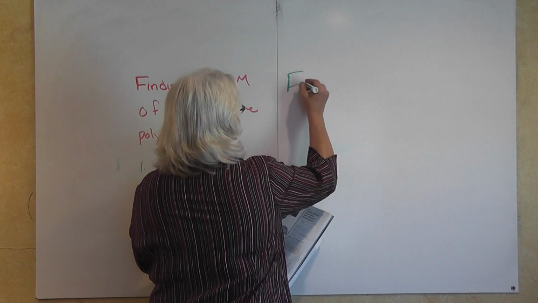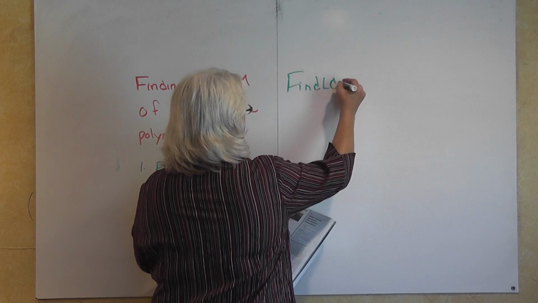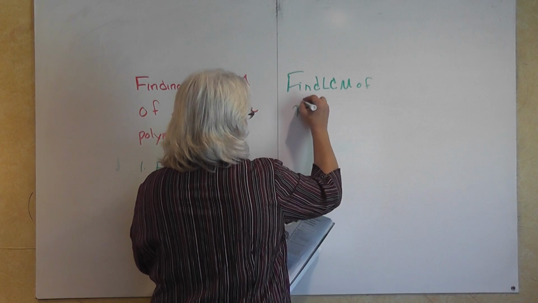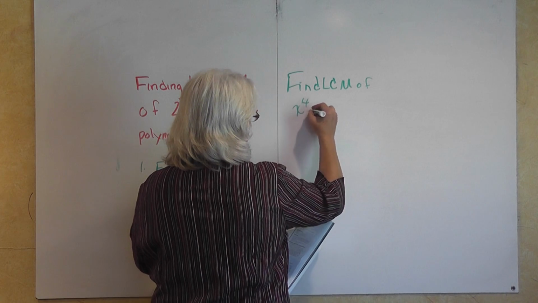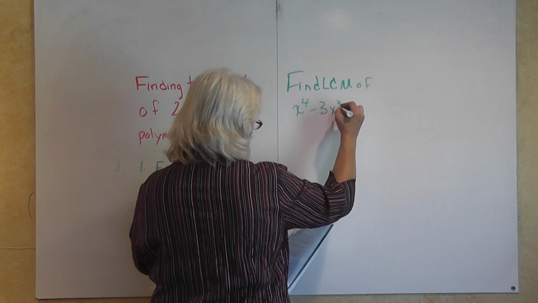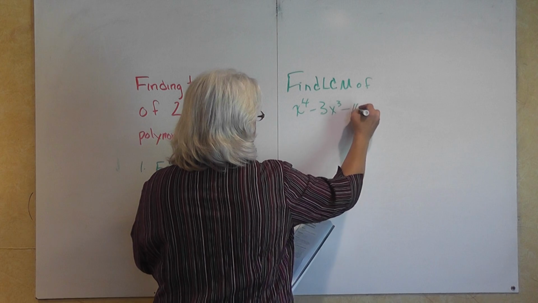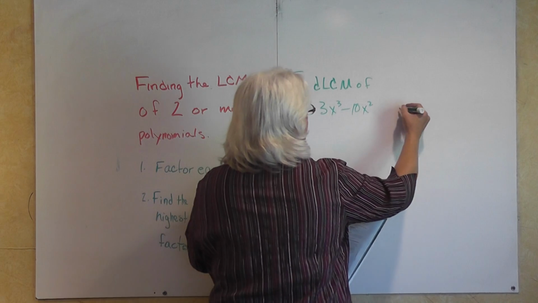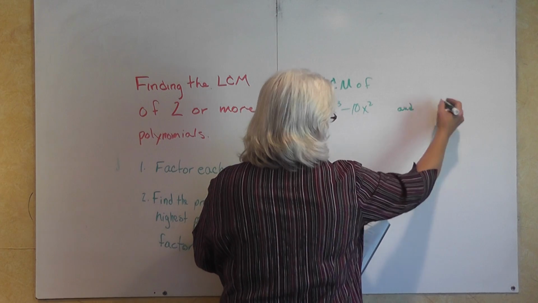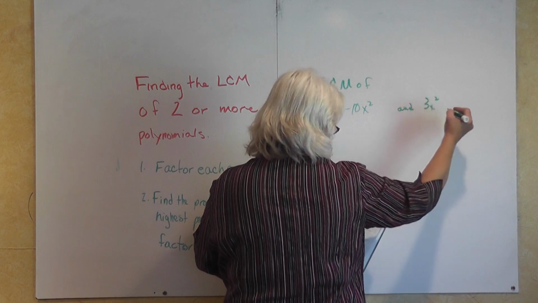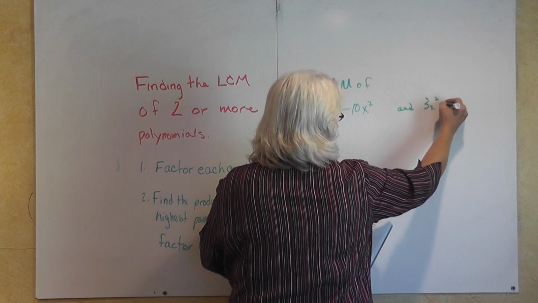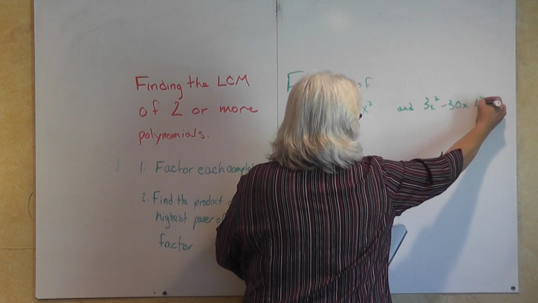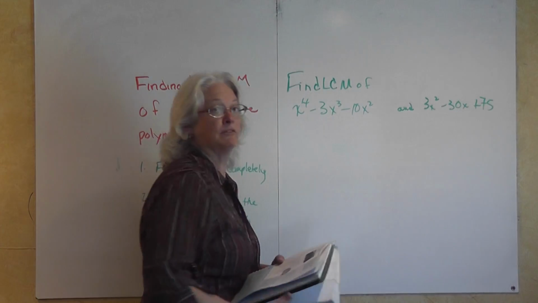It says find the LCM of x to the fourth minus 3x cubed minus 10x squared and 3x squared minus 30x plus 75.